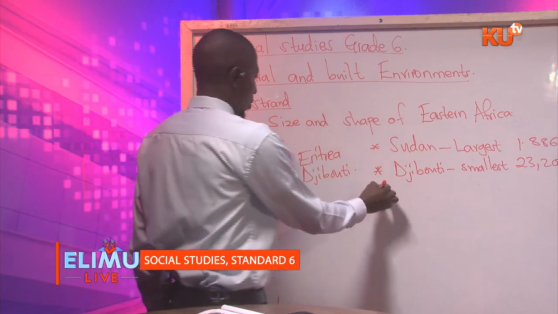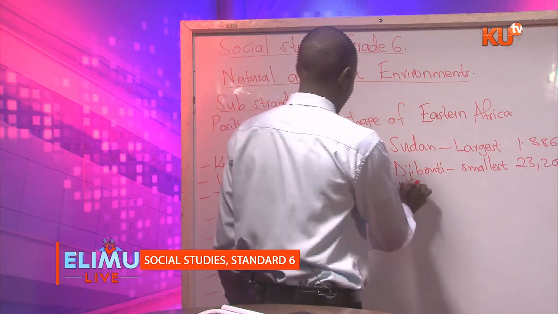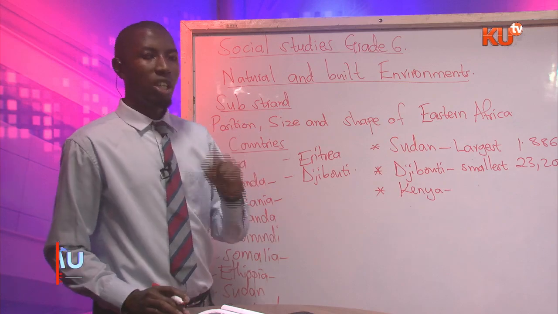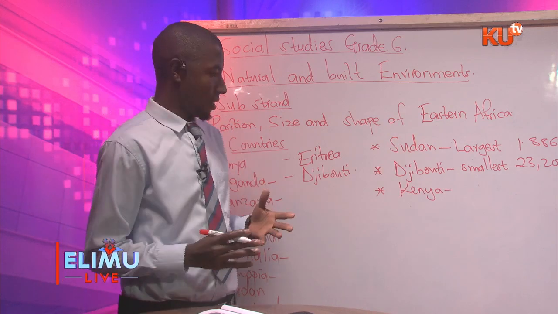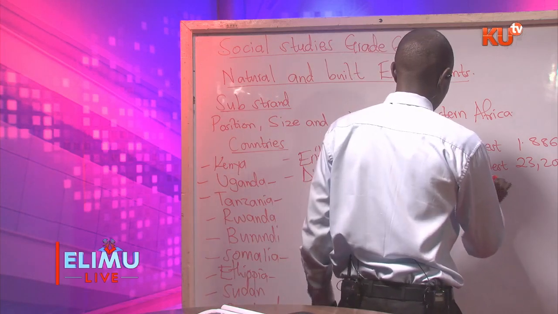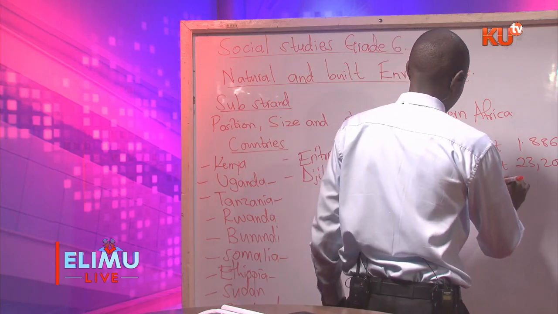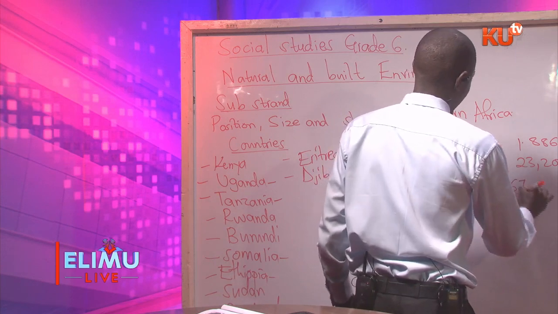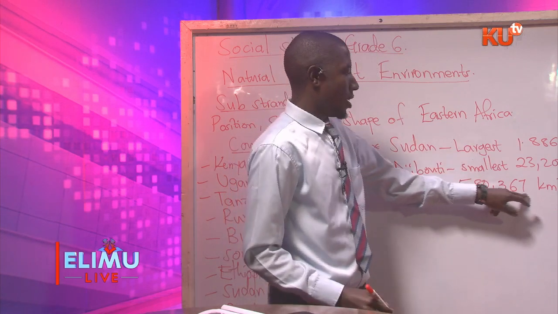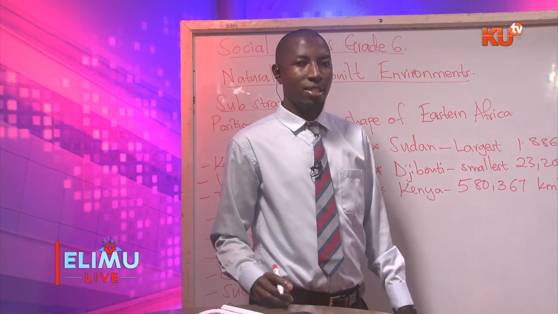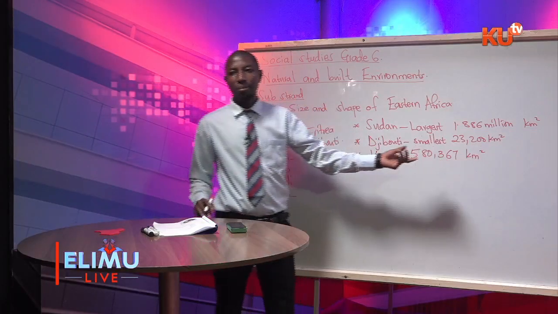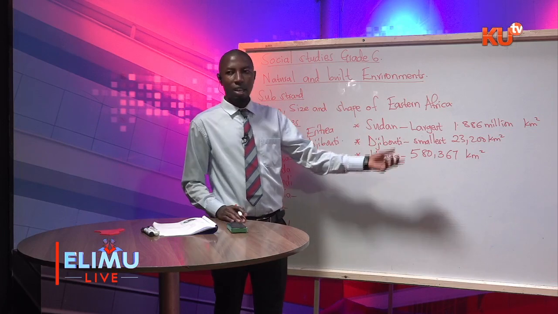Then what is the size of our own country, Kenya? These are the 3 most important countries which you need to master their sizes. The size of Kenya is 580,367 square kilometers. These figures may vary sometimes with a very small margin because they are estimates, not accurate measurements.